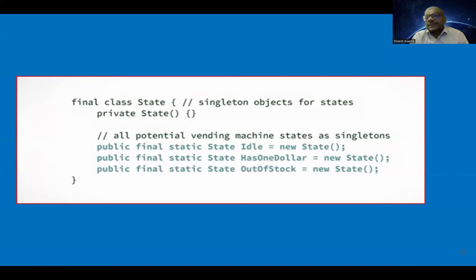Yes, the singleton design pattern. In the traditional way, you are going to implement the singleton design pattern for the State class. Every time a new state will override the existing state. So you will have three states: idle, has $1, and out of stock.